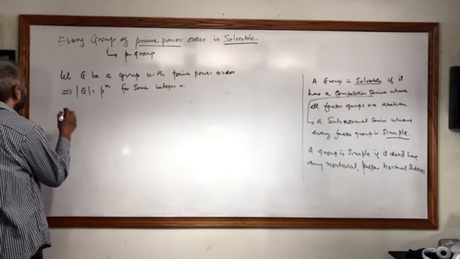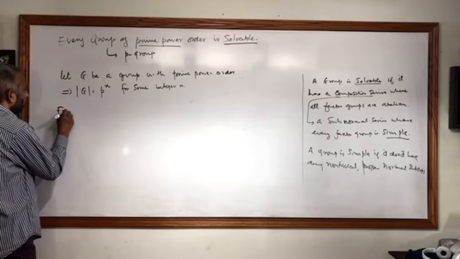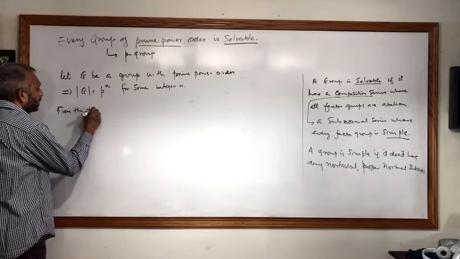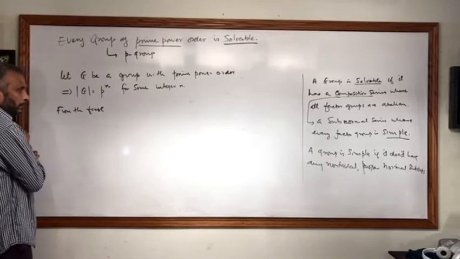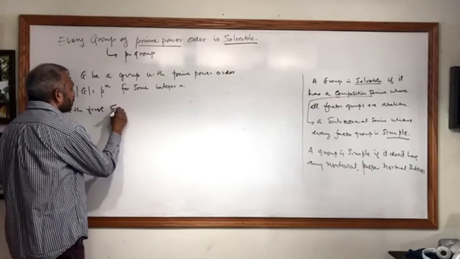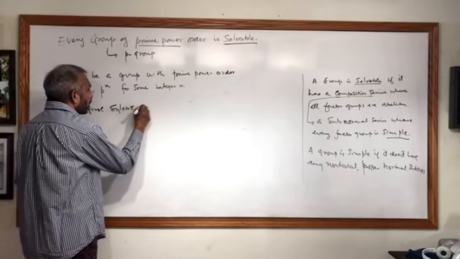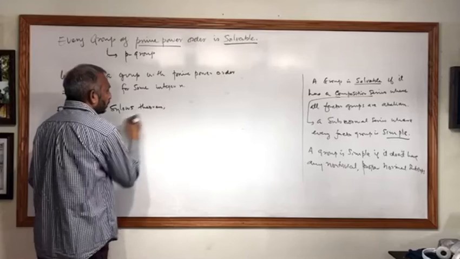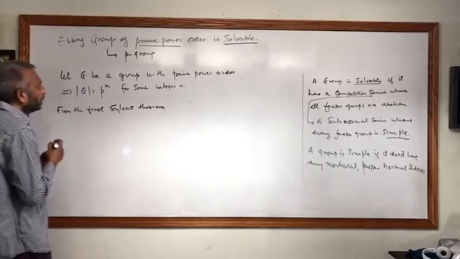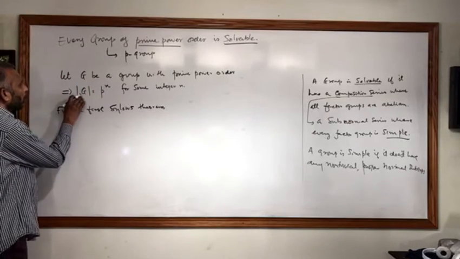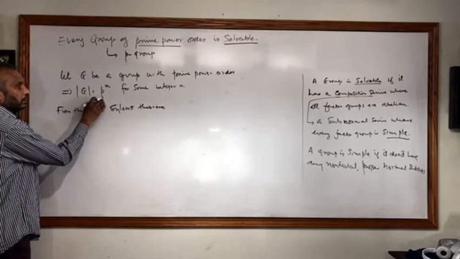So from the first Sylow theorem, see, the order of G is p to the power of n.